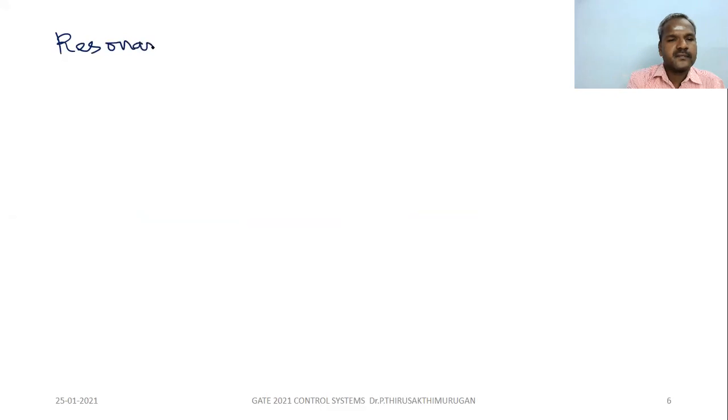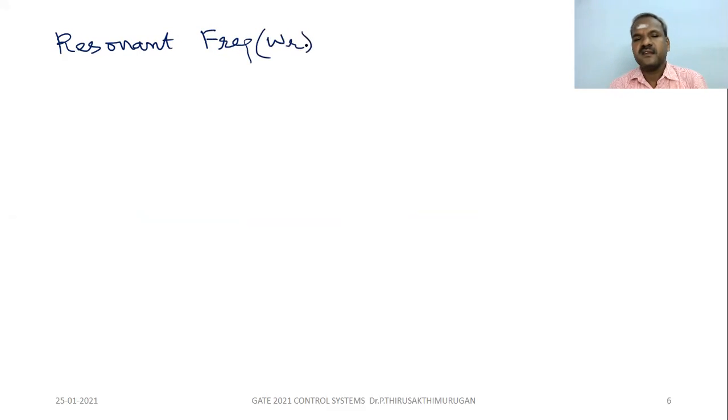Resonant frequency, omega R, is the frequency at which the maximum magnitude, the peak magnitude, of the closed loop system occurs.